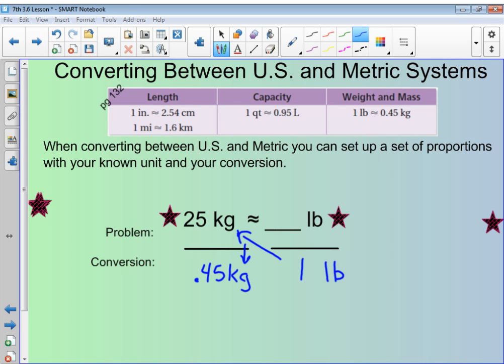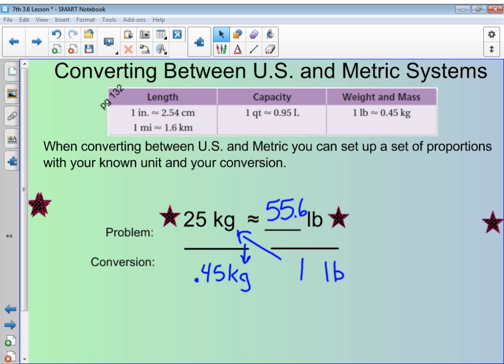So you should have ended up taking 25 divided by 0.45, which would have been 55.6 rounded. Sorry, it wouldn't be 0.6 repeated, it would be 0.6 rounded. So 55 and a half approximately pounds. Okay, so that's working with the metric system.